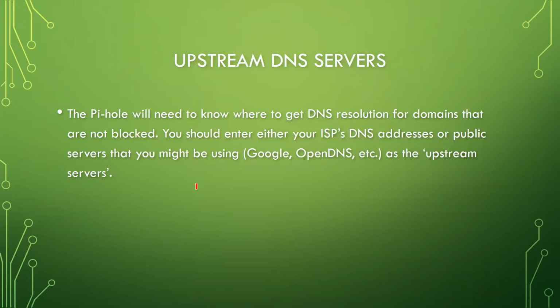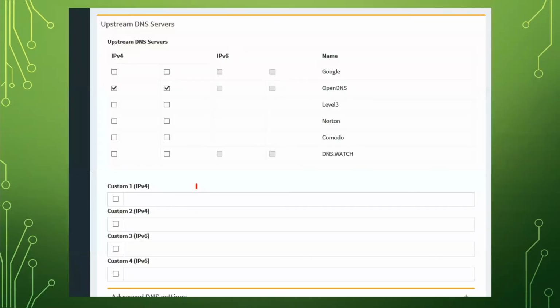Or Google, you might be using those because they're faster than your ISP's DNS server, but in case you are using your ISP's DNS server, you need to make a note of that somehow through your router screen or some other way. And you can put it in this upstream DNS server screen.